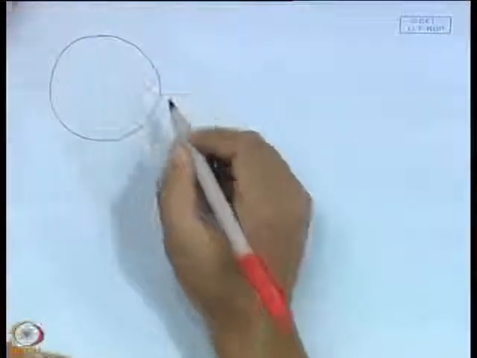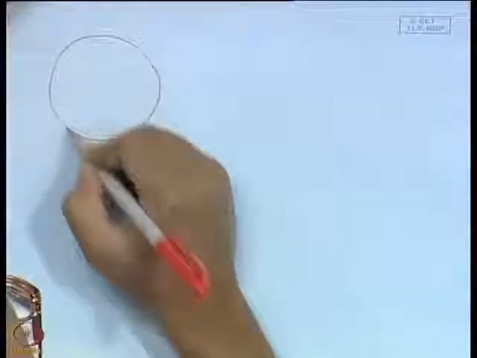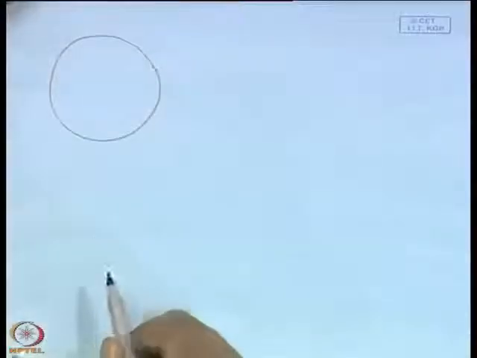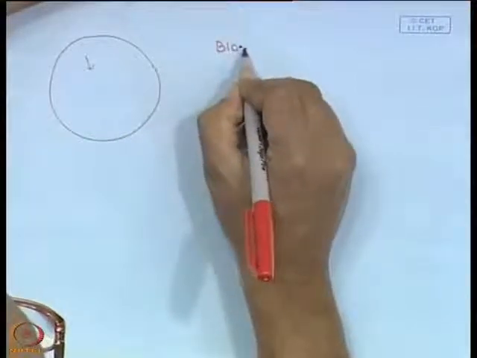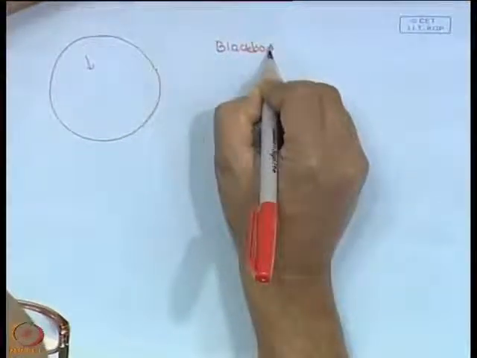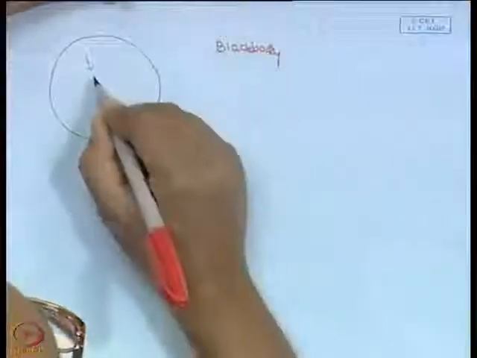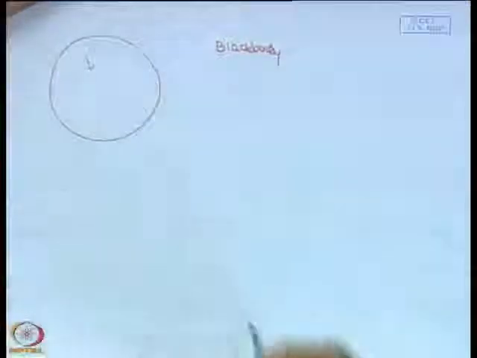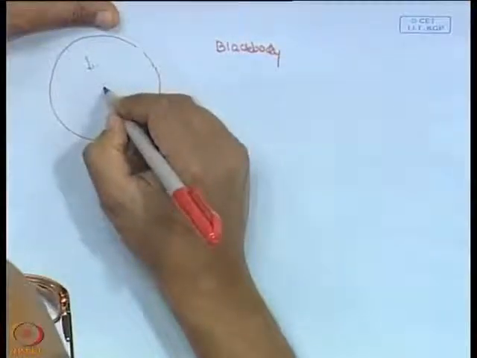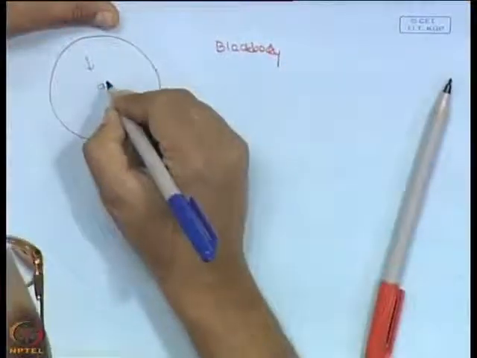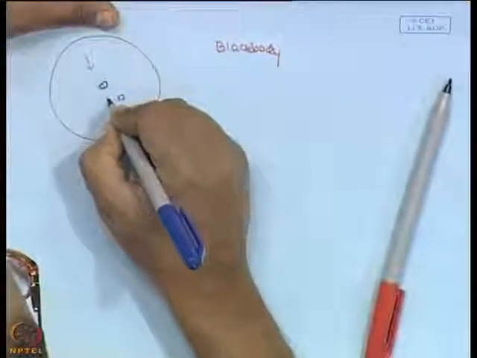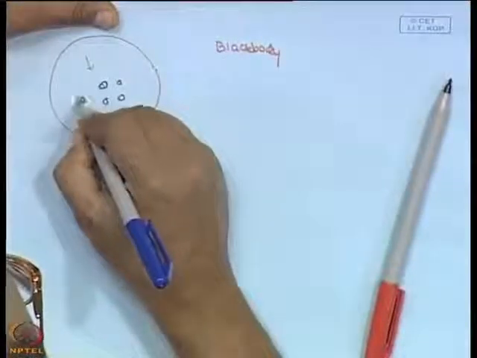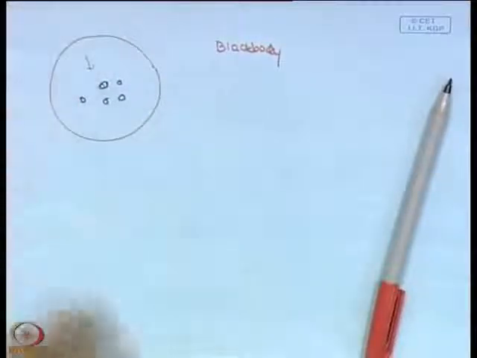So let us see, we have a black body cavity, let us say, and there is this black body radiation inside this black body cavity, and we have these atoms, these two state systems, also inside this cavity, and we wait till they are in thermal equilibrium.